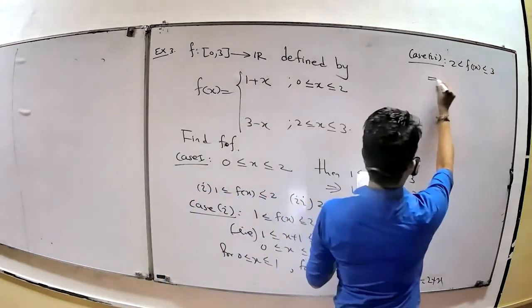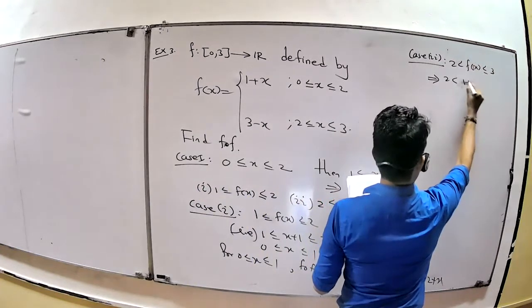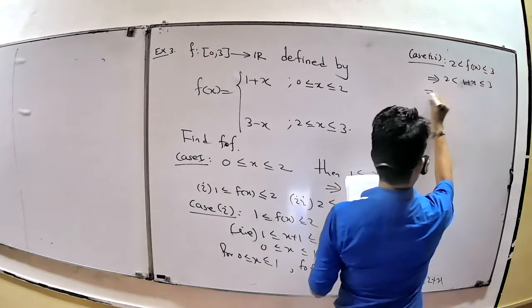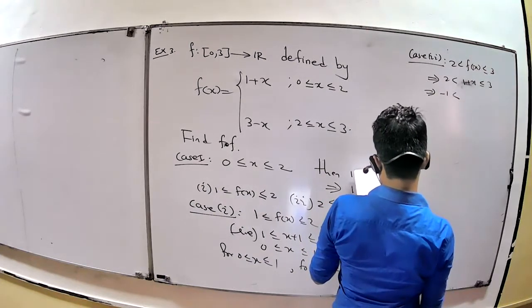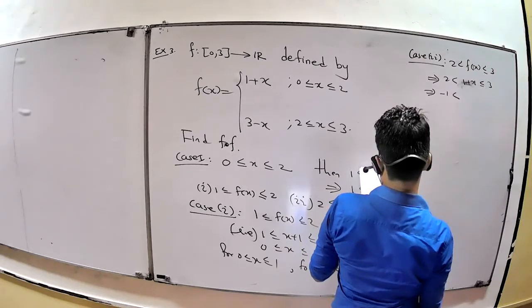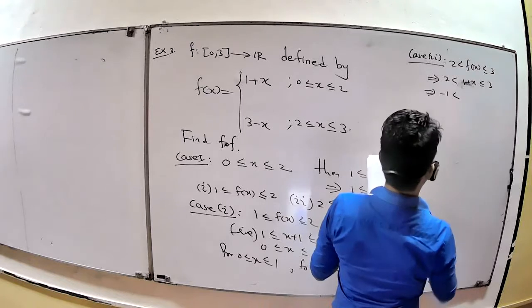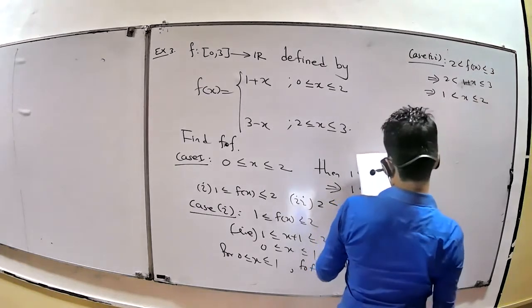Here 2 less than 1 plus x less than or equal to 3, then you get 1 less than x less than or equal to 2.